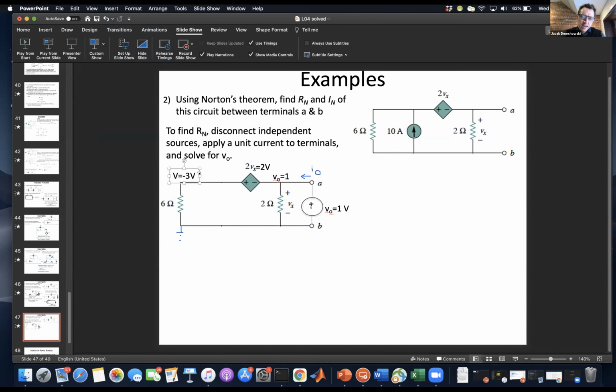Okay. And so now go back to, so this current here is equal to 0 minus -3 over 6, which is equal to ½ an amp.